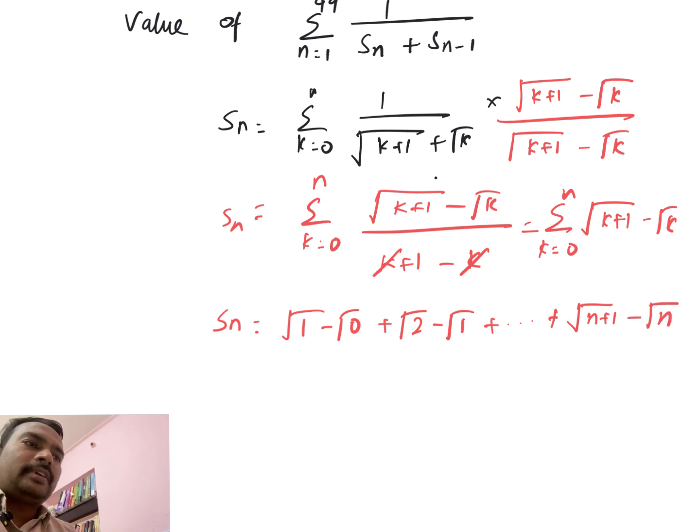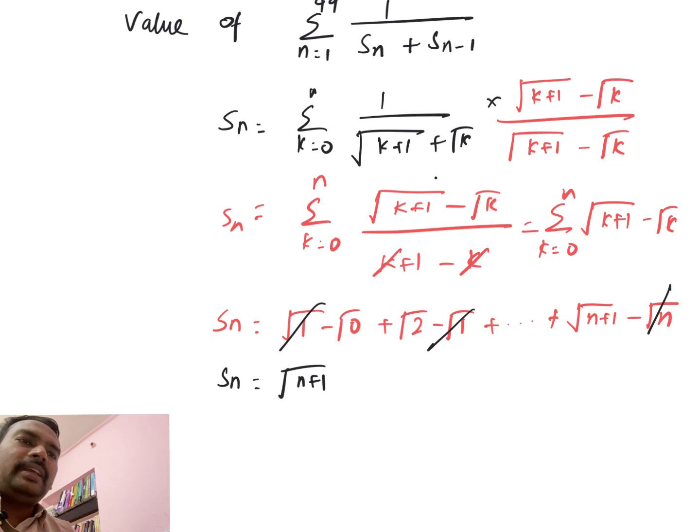You can see every term will be cancelled, and square root of 0 is 0 automatically. When you substitute k equals n minus 1, you get square root of n, so plus square root of n minus square root of n cancels. Finally, we are left with only square root of n plus 1. I hope everyone understood, right?